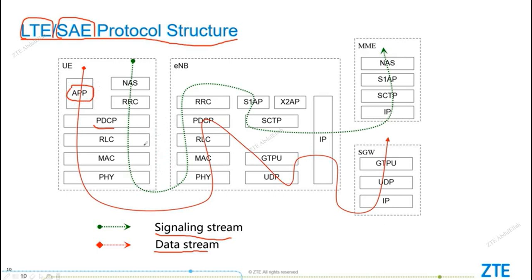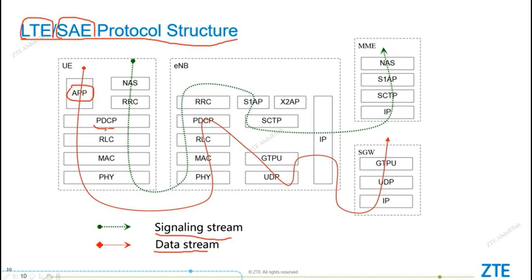In LTE, the bandwidth is only 20 megahertz, so we want to save resources. Before we transmit our IP packets, we do IP header compression, which reduces the IP header size. After the IP header size is reduced, we have more resources to transmit your data.